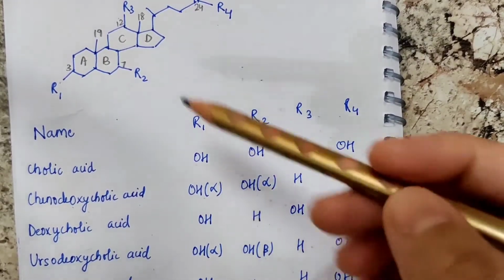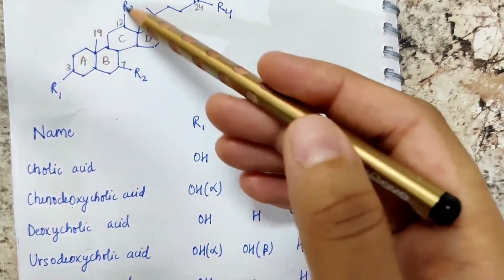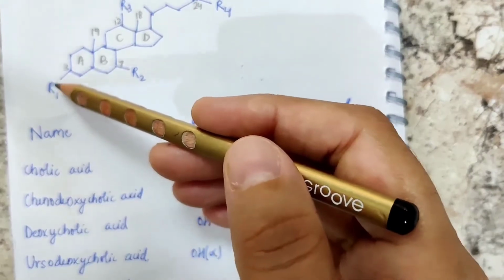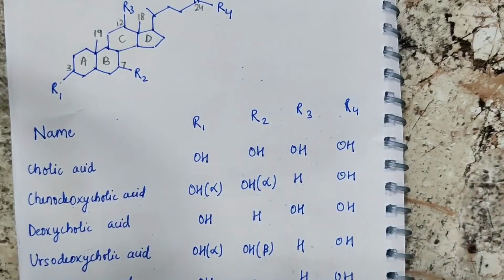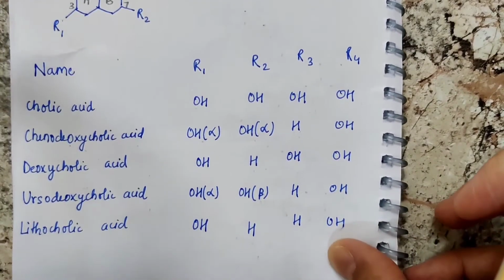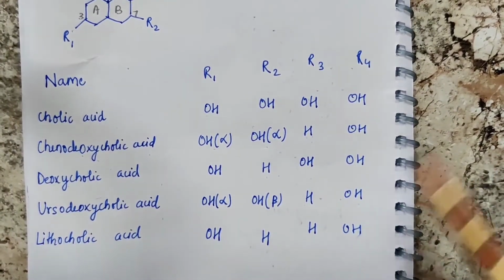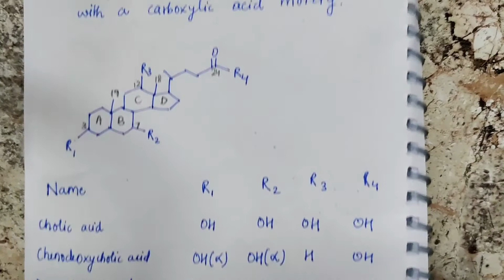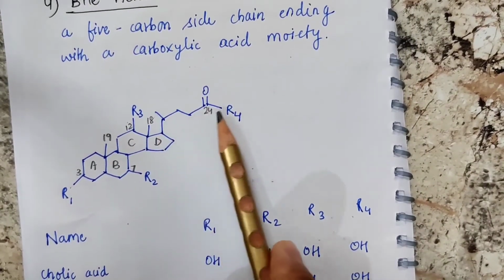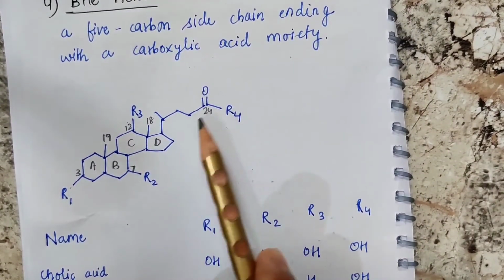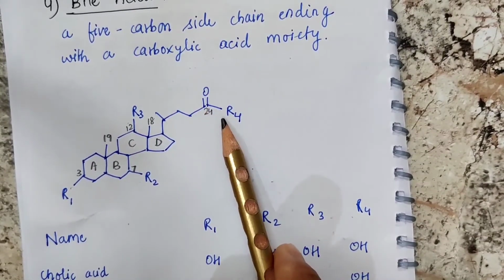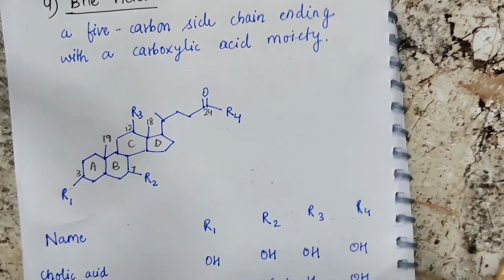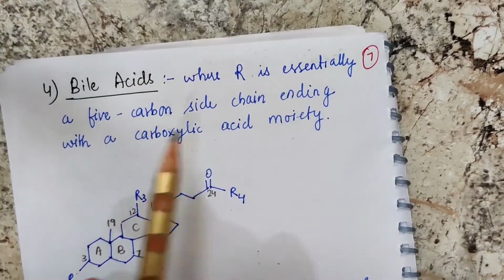Third category, where R2 and R3 are hydrogens, while R1 is a hydroxy group, is called lithocholic acid. So basically for bile acids we have a 5-carbon side chain with a carboxylic acid moiety. That is the characteristic of the bile acids.